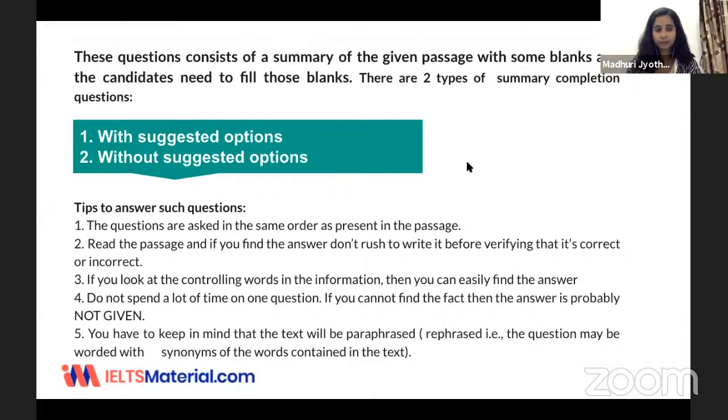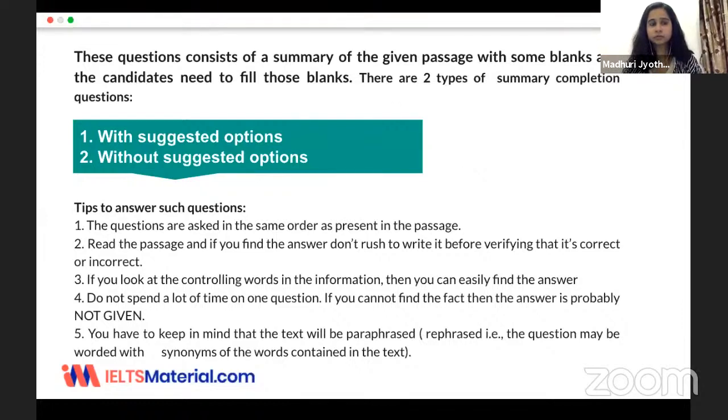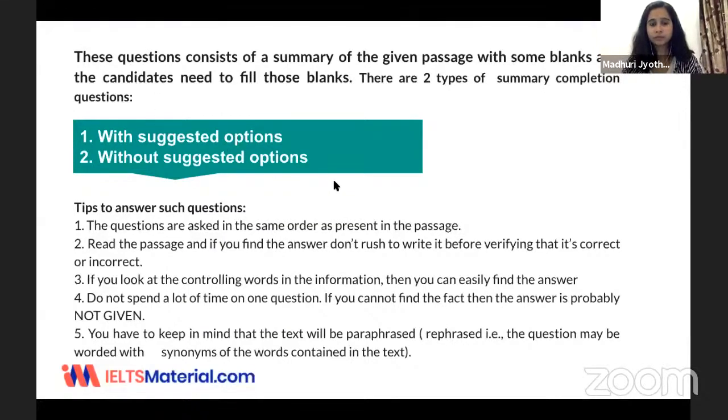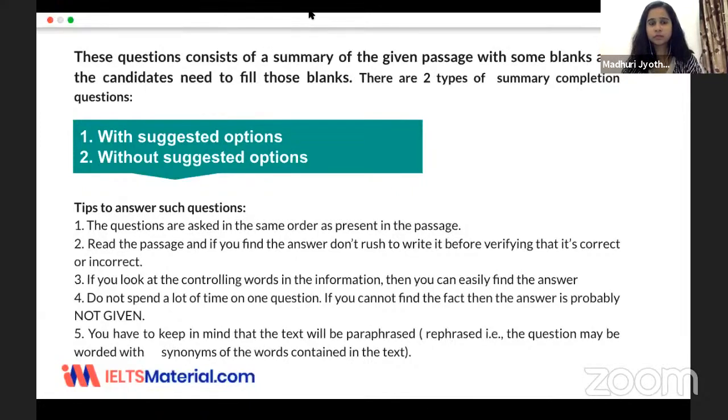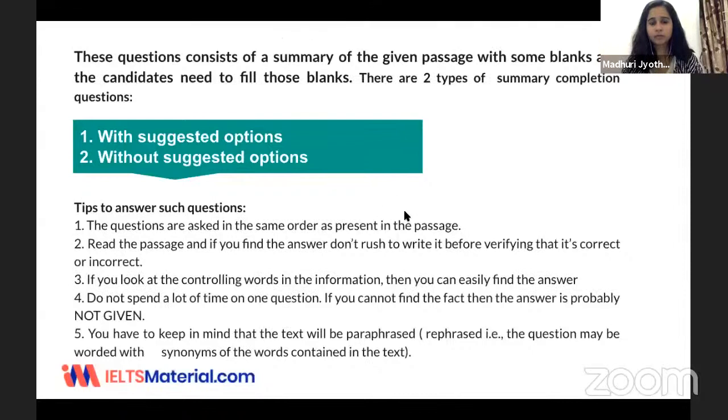Okay, so I hope you guys have read it clearly.